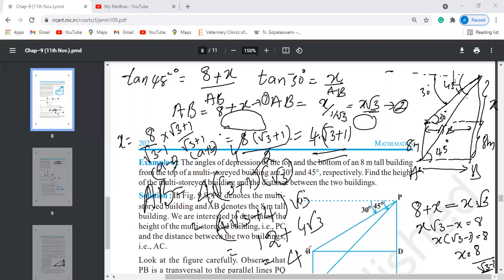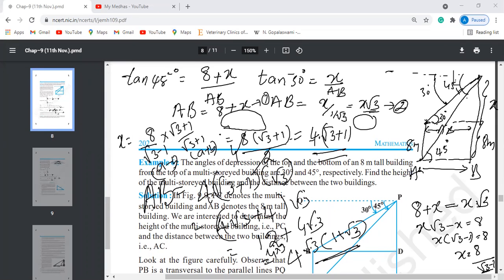So you can take root 3 outside, because you have this 4 into 3, so root 3 into root 3. So you can take root 3 outside. So what you will get? You will get 4 root 3 into 1 plus root 3.